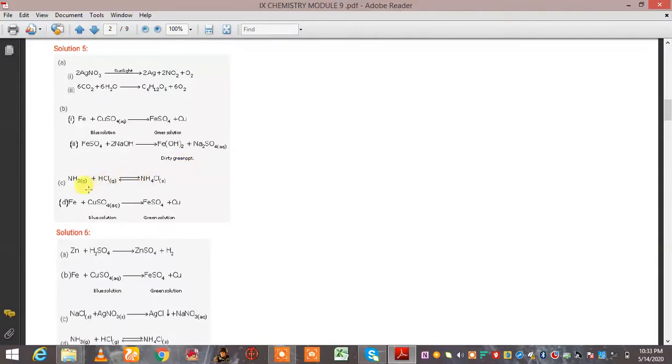Next, give an example of reversible reaction. When ammonia reacts with HCl it gives NH4Cl, and this NH4Cl again decomposes into NH3 plus HCl.